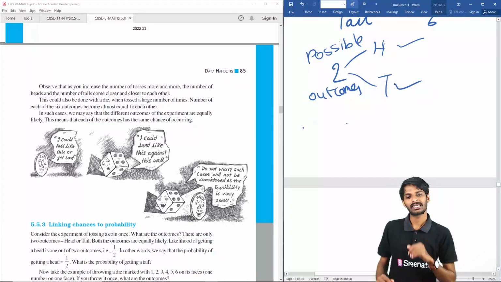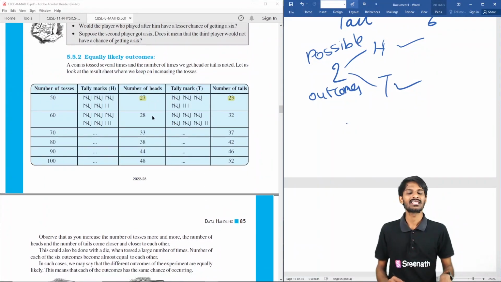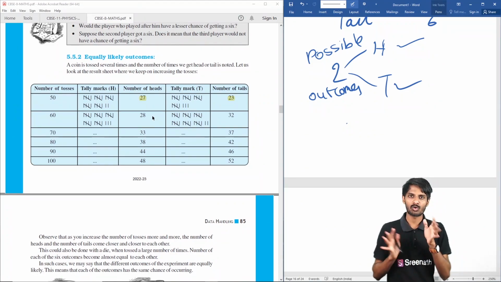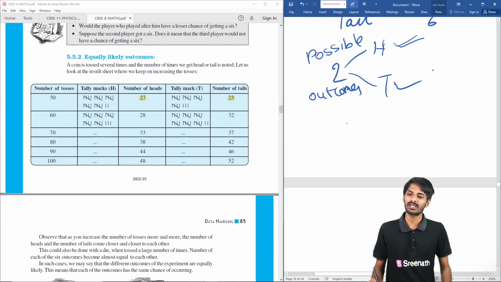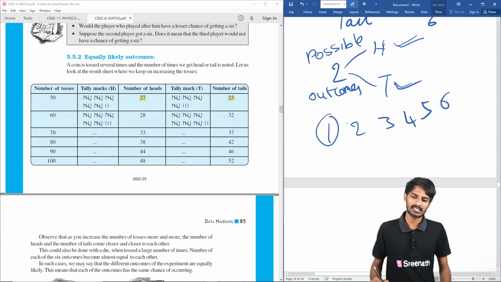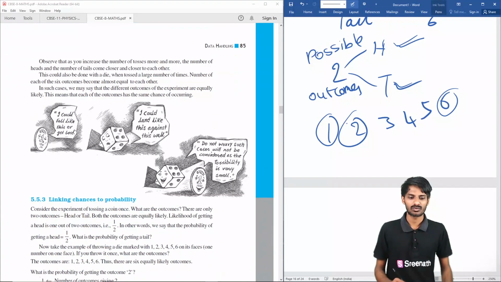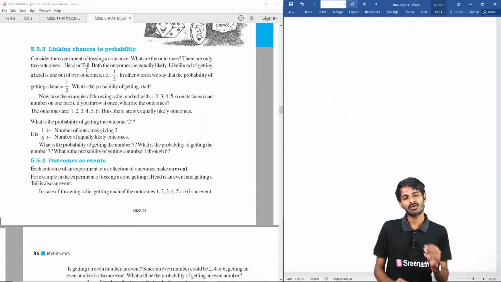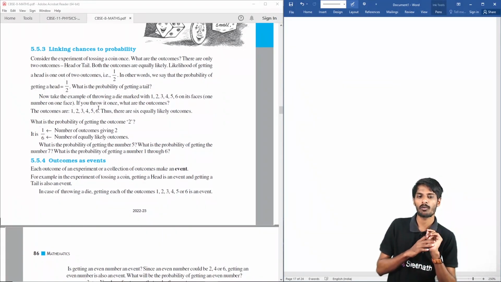So there is an equally likely chance, or probability, for all outcomes. The probability for head is the same as for tail. In the case of dice 1, 2, 3, 4, 5, 6, the probability for 1 equals the chance for 2, and for 6. Okay, we are linking chances to probability.